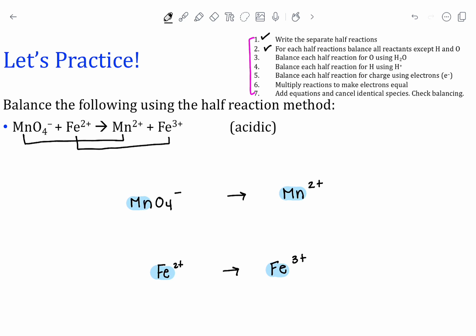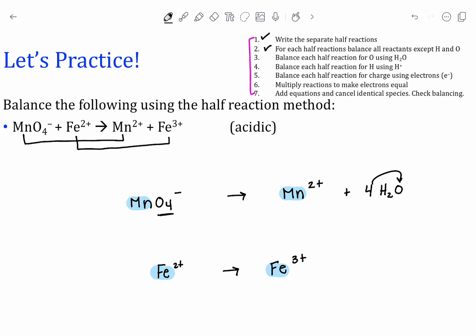Now we want to balance each half reaction for oxygen using H2O. In our first half reaction, I have 4 oxygens on my reactant side, which means I have to add 4 waters to my product side. Now I have 4 oxygens here and 4 oxygens there, so oxygen is now balanced.